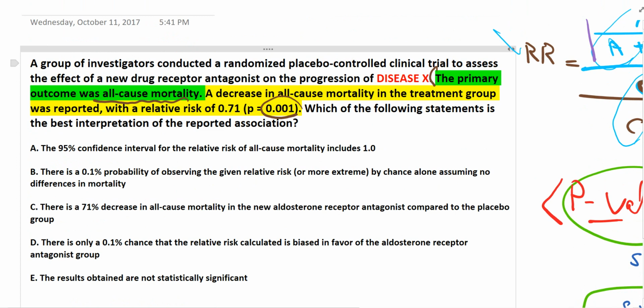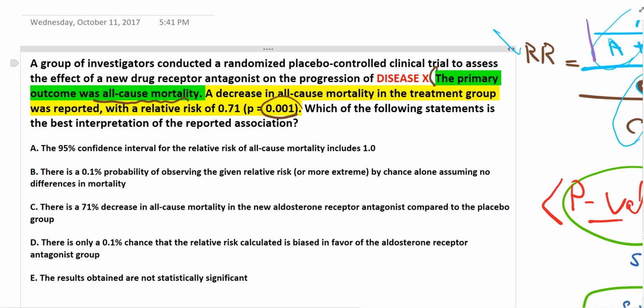The null hypothesis, in the green highlight, is trying to undermine your outcome. And the highlighted part is saying that the all-cause mortality, that means all dead people in the treatment group, was reported, right?